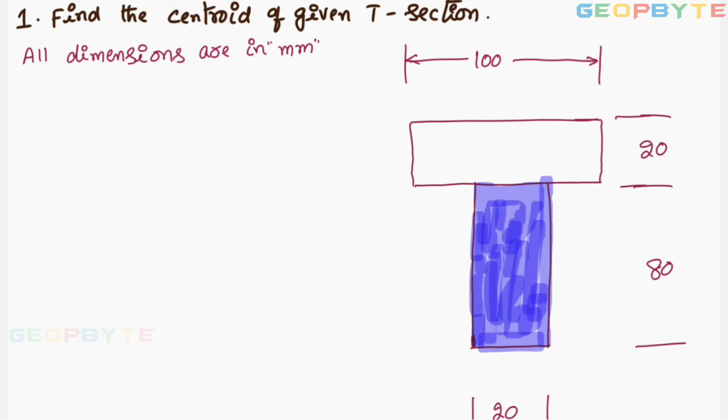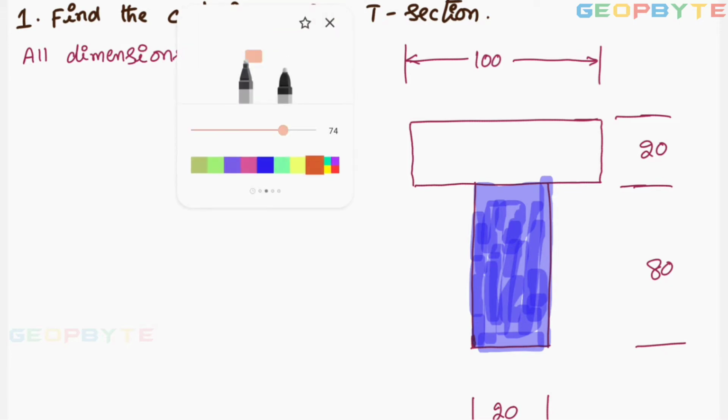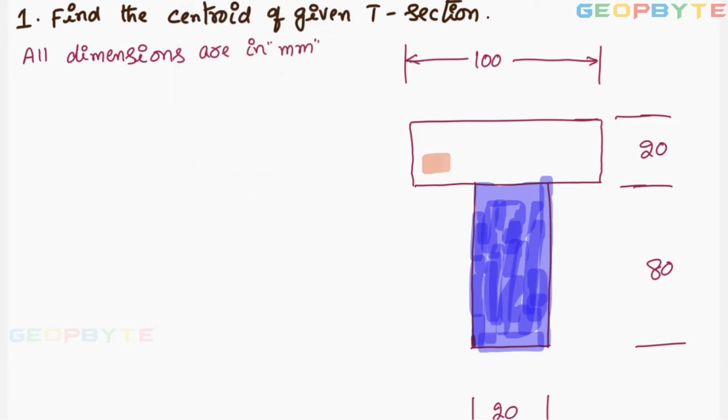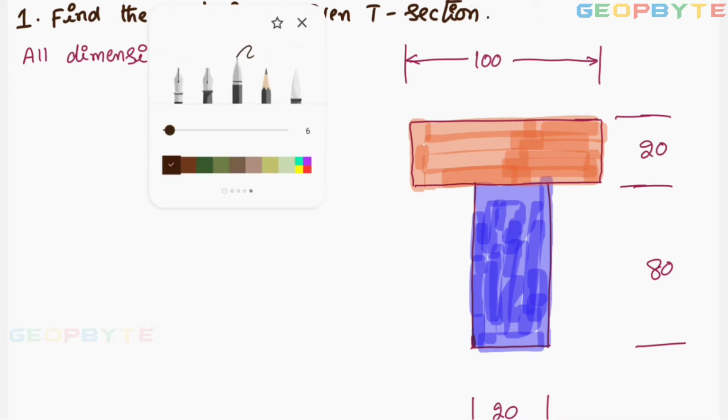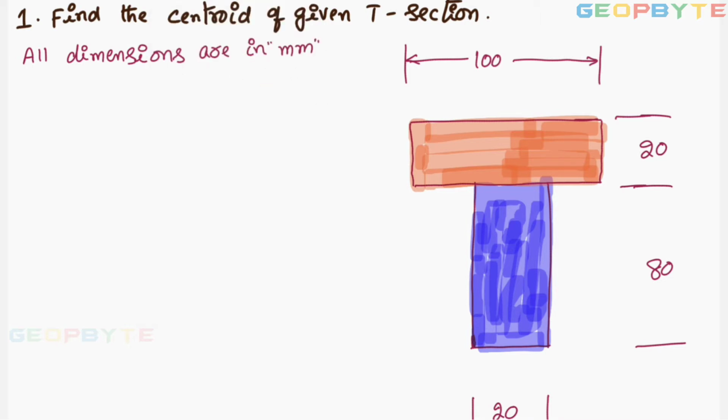Similarly, let us take another color for the section 2. This is the section 2. Now let us mark the section 1 and section 2.